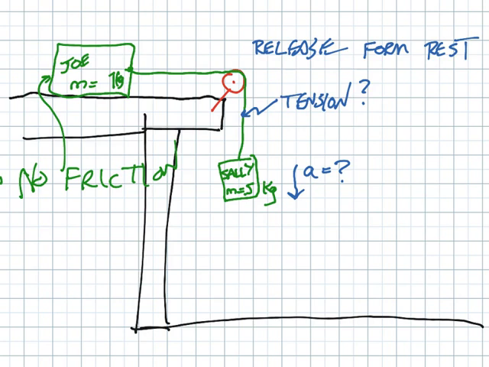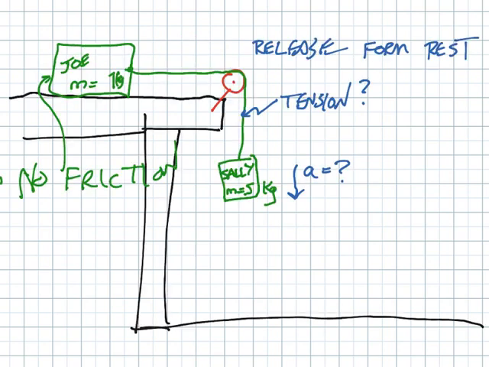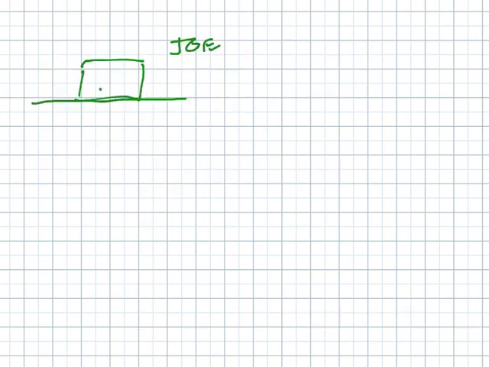Anyway, so here's what we do. Let's draw a picture of the first mass, Joe. Right, it's sitting on this table, and Joe's mass is 1 kilogram. I'm not going to keep calling him Joe, because I'm going to end up writing down this mass, and it's easier if I just call him, I know it's boring, m1.